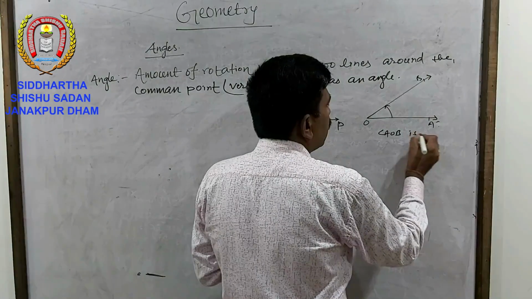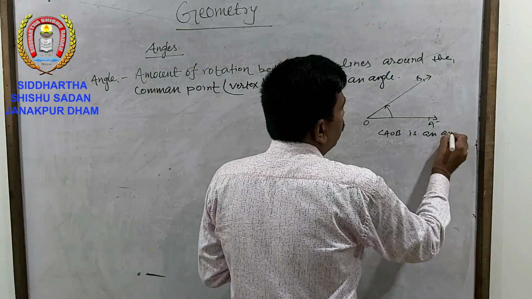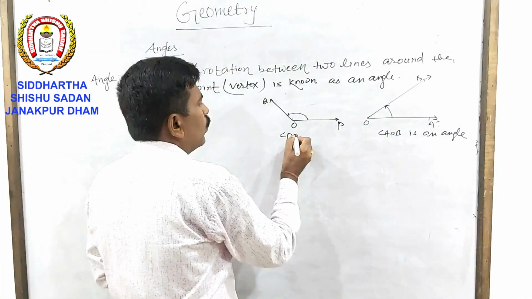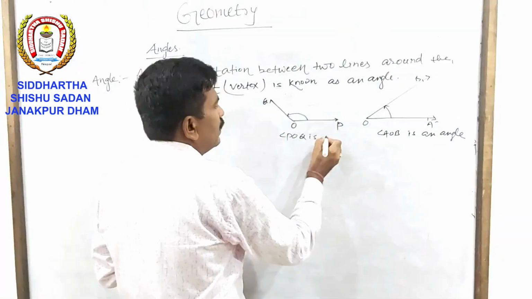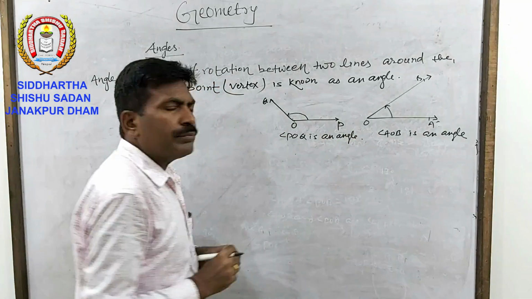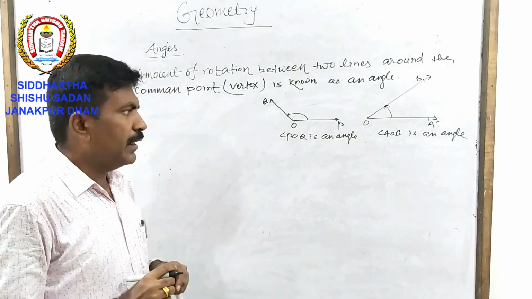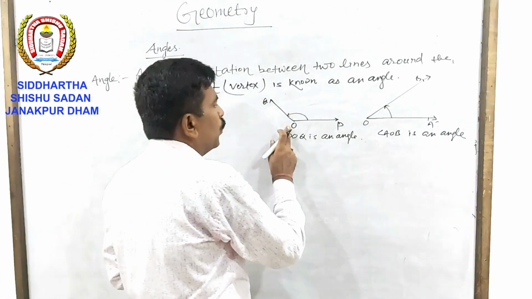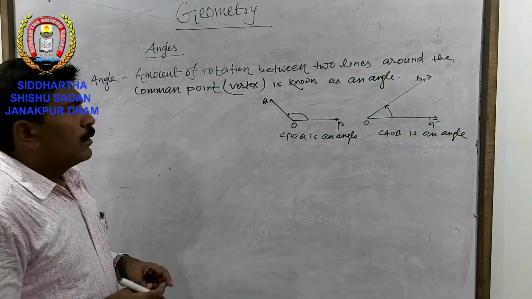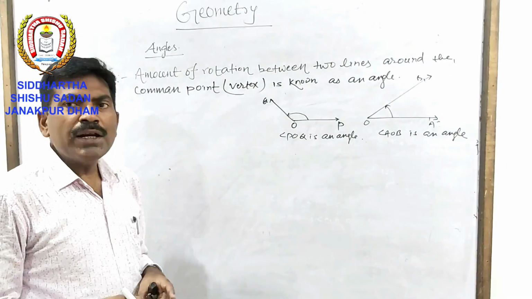AOB is an angle. Similarly here angle POQ is an angle, right? And this O, and here is also O. These two are called vertex or point.